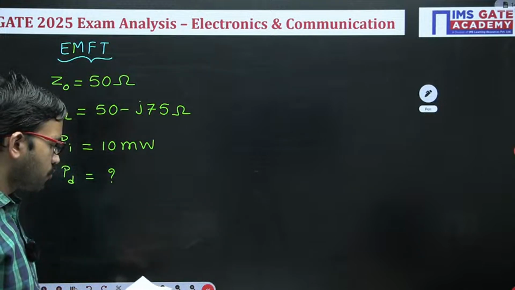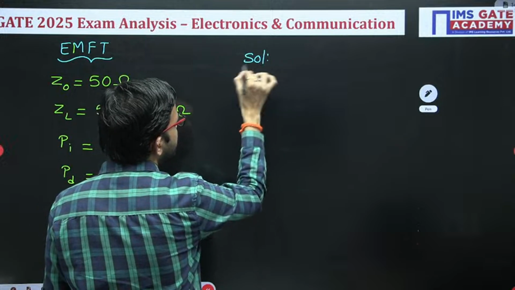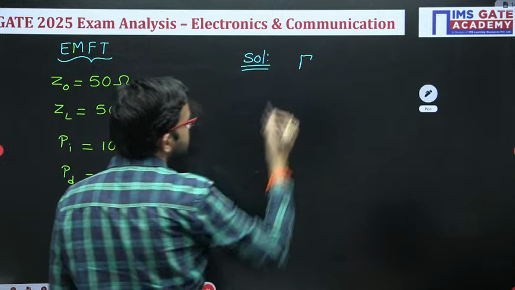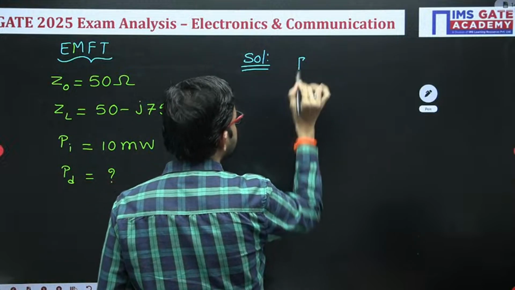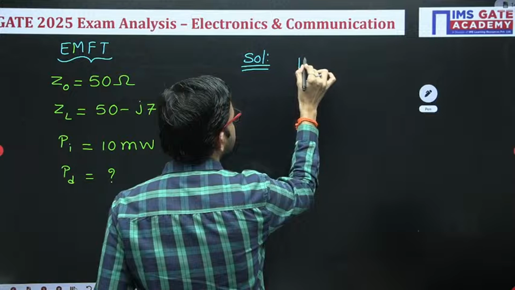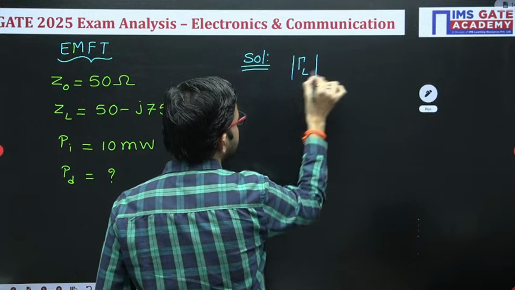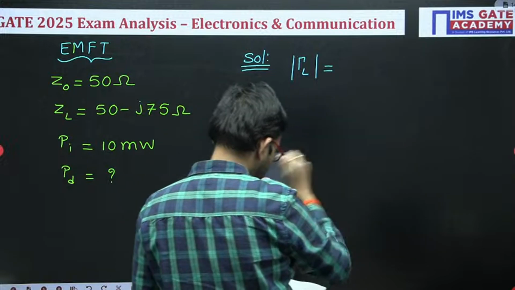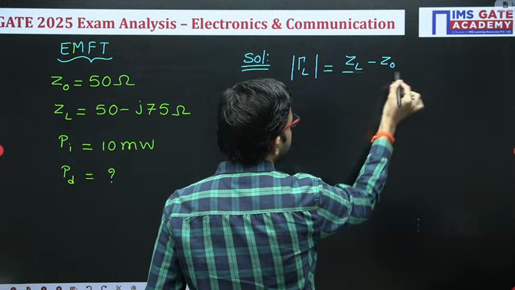For this question, first of all, you can calculate the gamma value. Gamma L equal to ZL minus Z0 divided by ZL plus Z0.